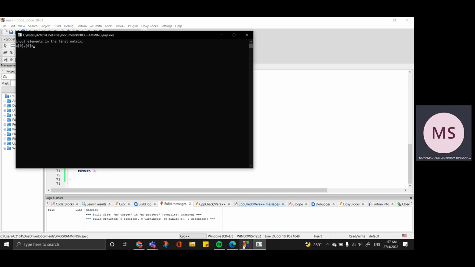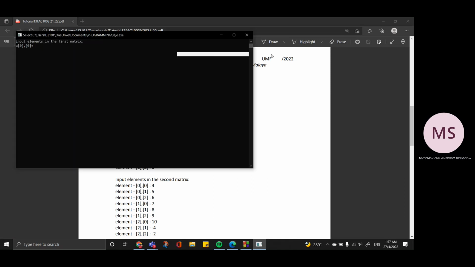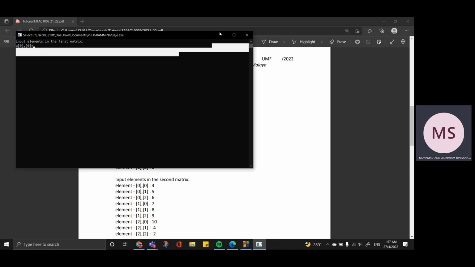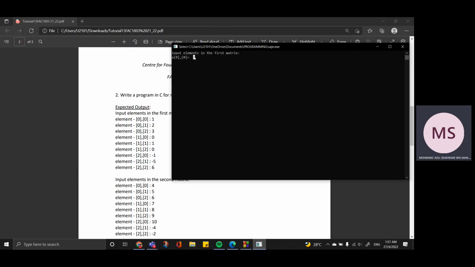Okay, based on the question they ask, the first matrix is 1, 2, 3, 0, 1, 0, -1, -5, 6. This is the elements of the first matrix.